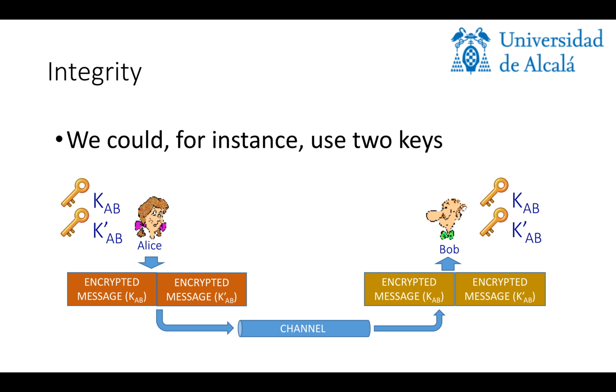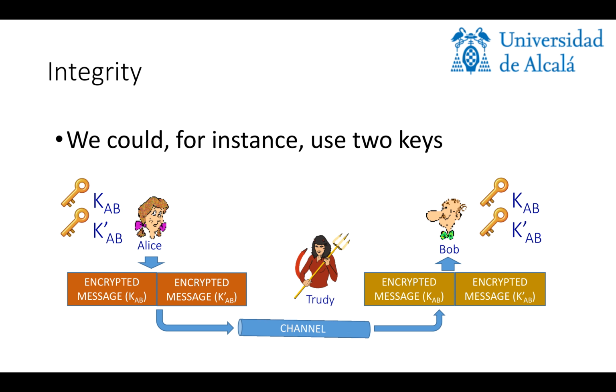She would send it through the channel, and at the other end, Bob would have to use both keys to decrypt the two messages, and then he could compare the two decrypted messages, and they should be the same.